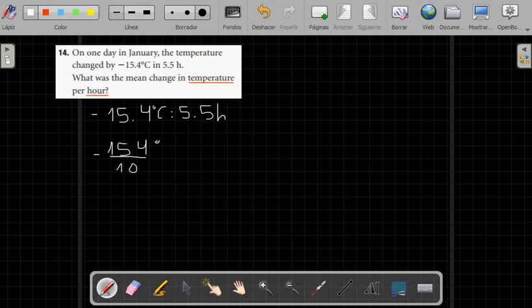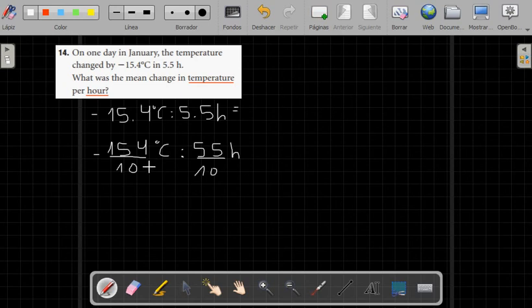Don't forget a unit. Celsius degrees divided by, instead of 5.5, I will write 55 tenths hours. Don't forget the units.